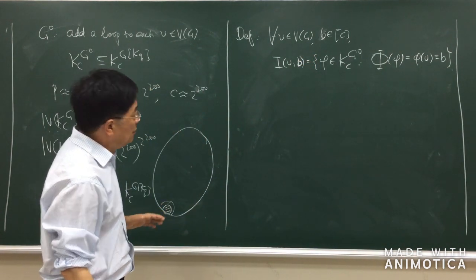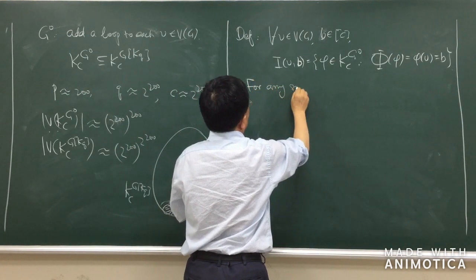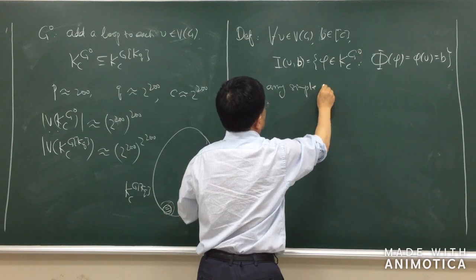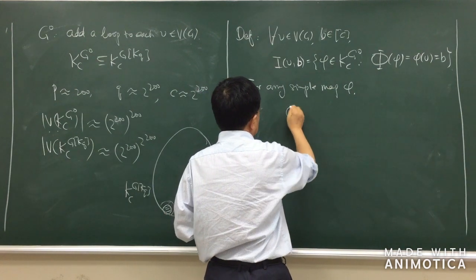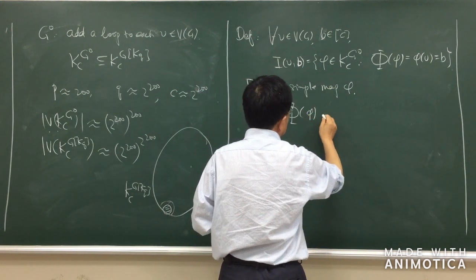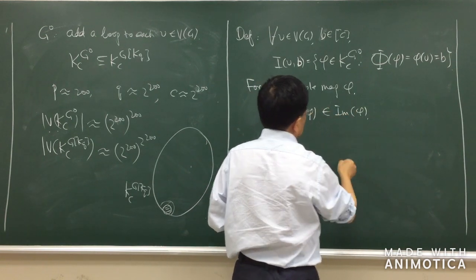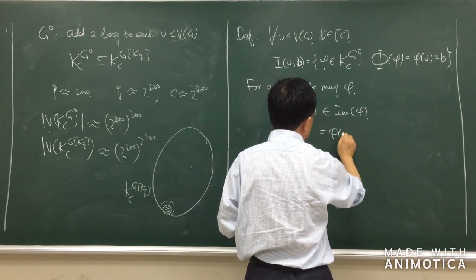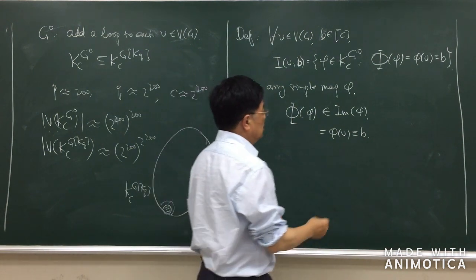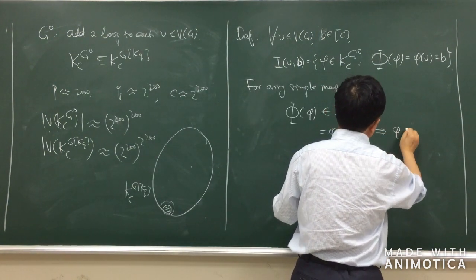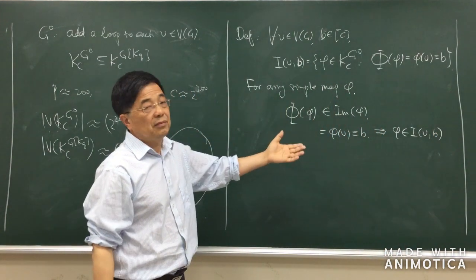Now, for any simple map phi, what is the color of this map? It is in the image of phi. So that means this is equal to phi(v) for some v, and we name the color b. Then this means that phi belongs to I(v,b). So every simple map belongs to some such set.